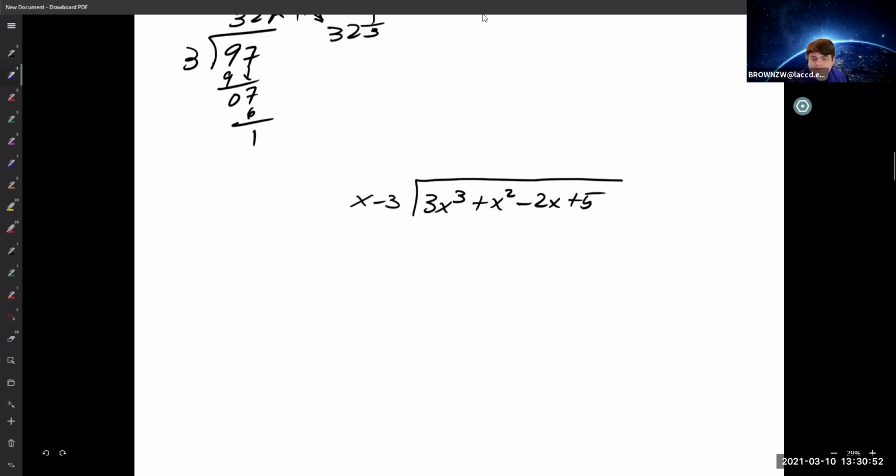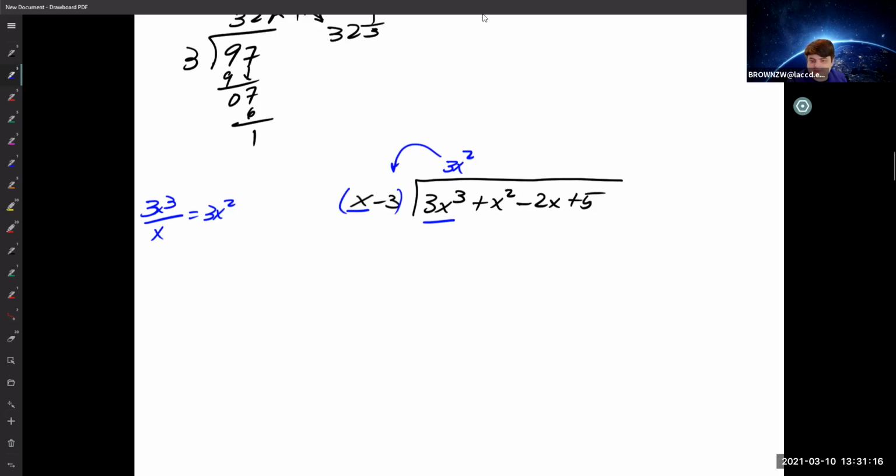Okay, so term by term, x into 3x cubed. Here we would cancel out and be left with 3x squared. That's what goes up top here. And now we're going to multiply into the function and distribute.